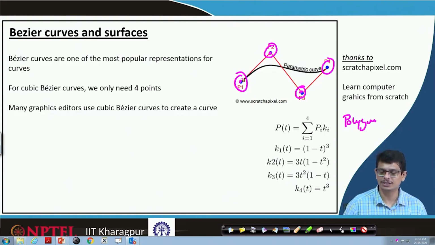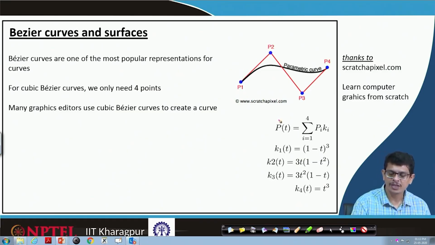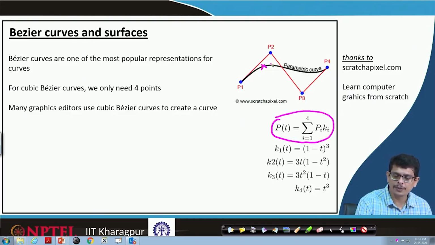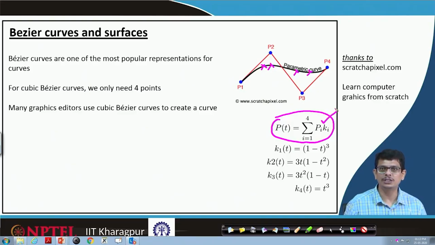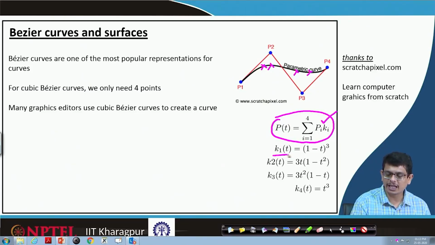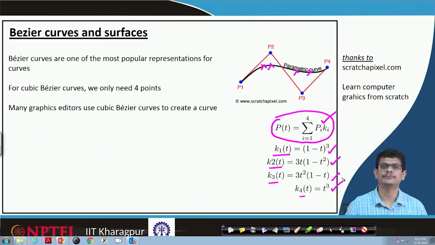If I am representing it in terms of parametric variation, any point P on that parametric curve is supposed to be expanded in terms of Pi, Ki, where K1, K2, K3, K4 have these cubic interpolations.